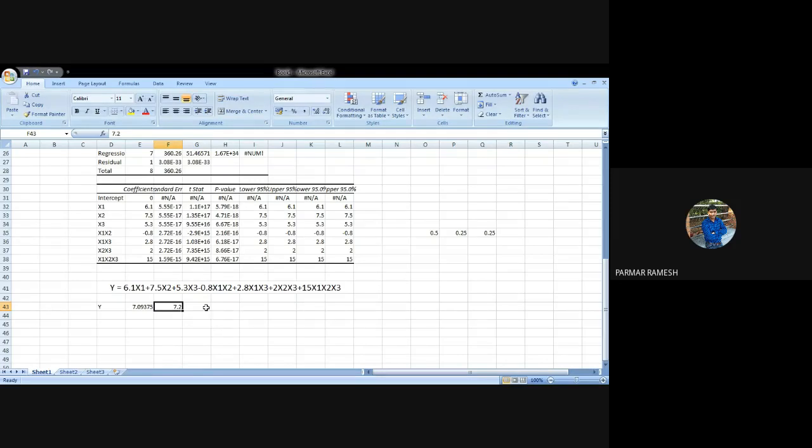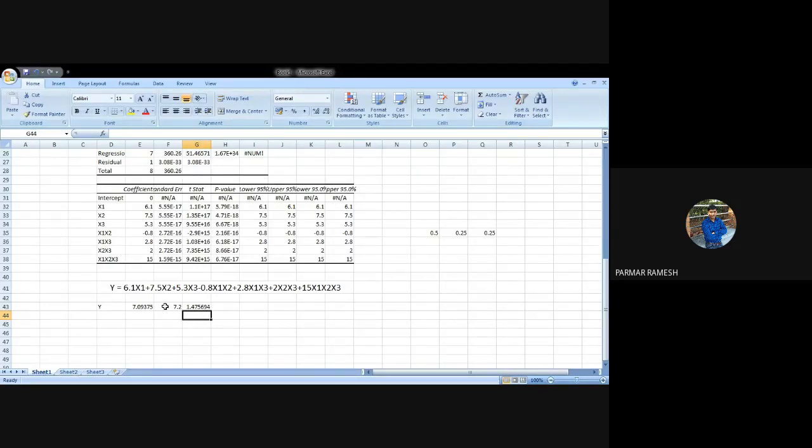We can also find out the percentage deviation, that is equal to the practical value 7.2 minus predicted, multiplied by 100 divided by the practical value. So the percentage deviation is 1.47, and that is acceptable. If it is less than 5%, we can accept it. Clear?